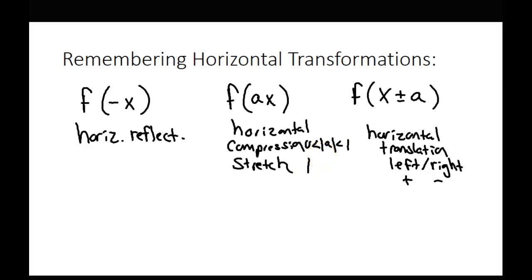Actually, I think I'm writing that backwards as well. I'm thinking like verticals. Sorry about that. It's a compression if the absolute value is greater than 1. It's a stretch if it's between 0 and 1. Okay, so we're going to be doing that to trig functions, actually.